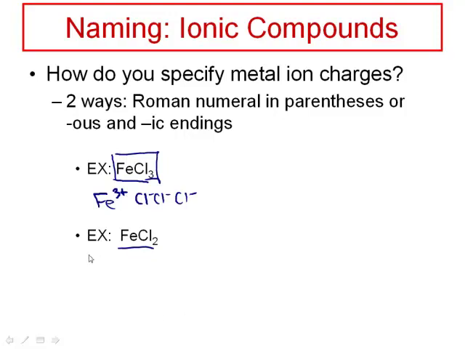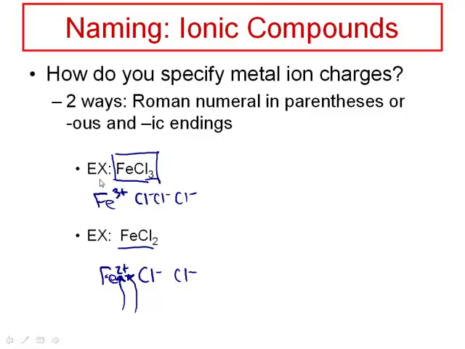In a similar fashion, FeCl2 has 2 negatively charged chloride ions, so this must be a 2+ ion. Again, guys, this is a kind of weird symbology we have here in chemistry. I say this is a +2 ion or a 2+ ion. I use those interchangeably, but when we're talking about charges, we always put the magnitude, the number, first, and then the sign. So this guy's a 2+, this is a 3+.